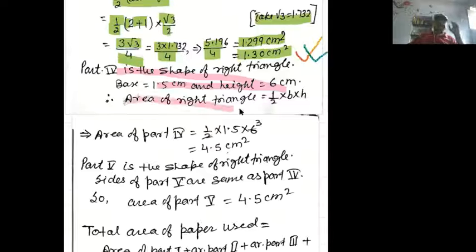So the area of triangle part 4 is half base into height, that is 1/2 multiply 1.5 into 6, equals 4.5 centimeter square.